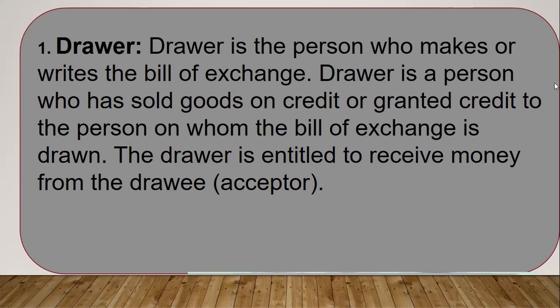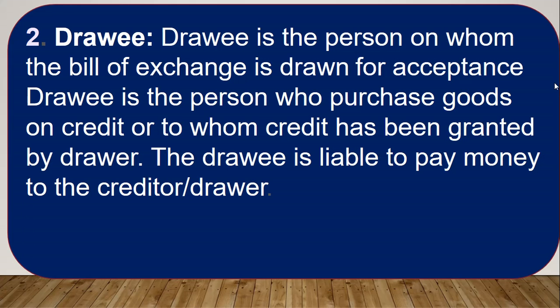Now, drawer. Drawer is the person who is entitled to receive the payment, and he is the seller of the goods. Drawee. Drawee is the person who accepts the bill. He purchased goods on credit and he is liable to pay money to the drawer.